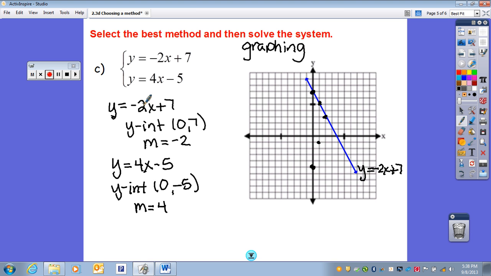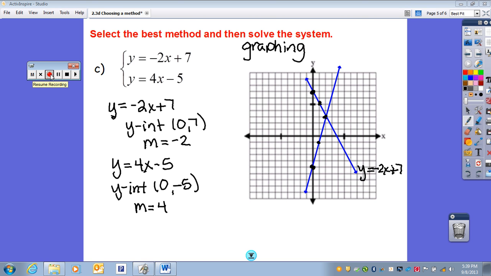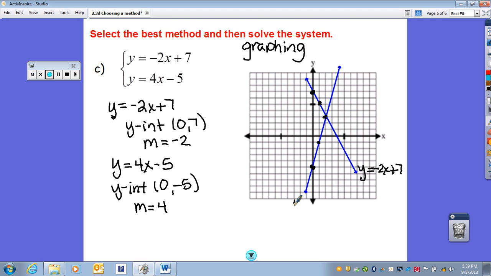Then I'll graph my line, being sure to label it y equals 4x minus 5. And I look for the point of intersection, which is right here, and it is the point positive 2, positive 3. The solution to my system is the point at which they cross, 2, 3.